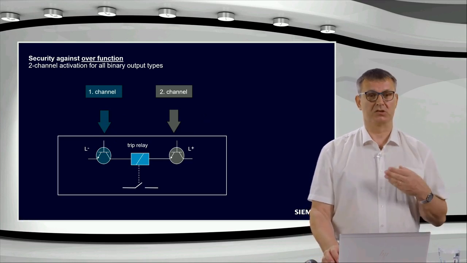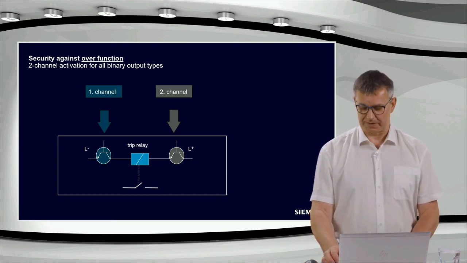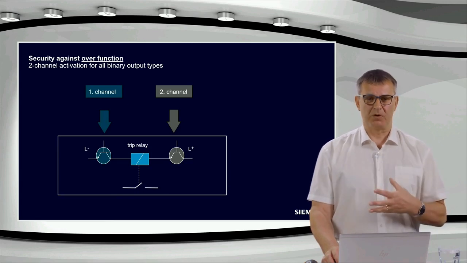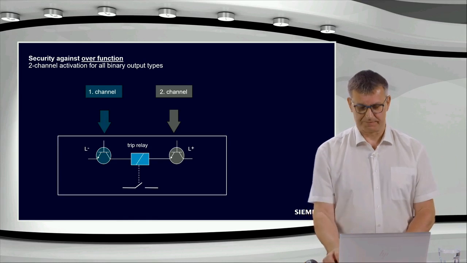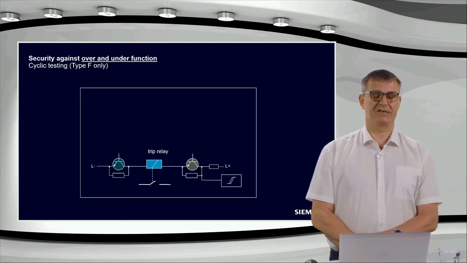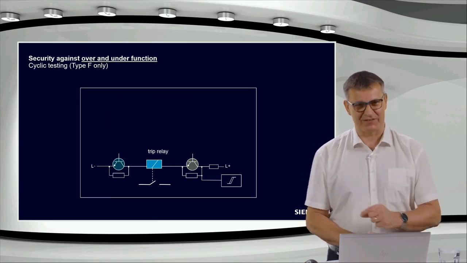This gives us good safety against an overfunction of our binary outputs, so as not to give a trip command to a circuit breaker just by a hardware fault or anything else. We have a security against overfunction and underfunction. I am sorry.